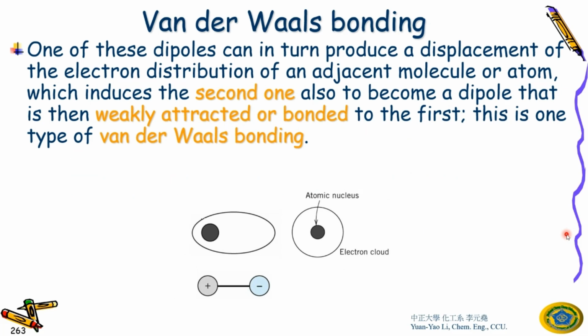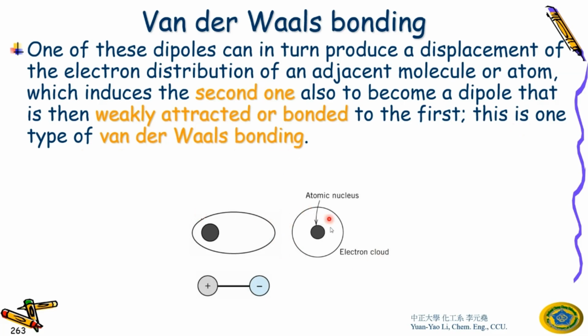Okay, so in van der Waals bonding, one of these dipoles can produce a displacement of the electron distribution of adjacent molecules or atoms, which induces the second one, right? It also becomes a dipole that is weakly attracted or bonded to the first. This is one type of van der Waals bonding.